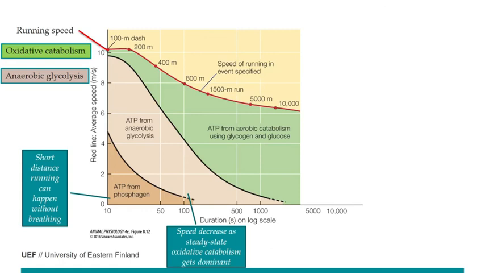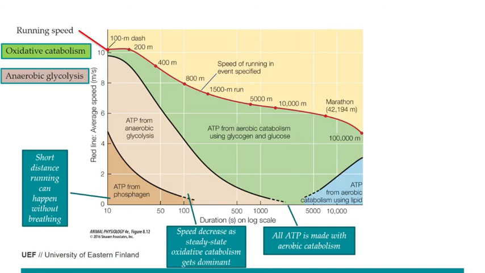Then, in the long run, the glycolysis is also getting quite low, near zero. So all the ATP is made with aerobic catabolism. And in very long exercises, the ATP is produced by breaking down lipids.